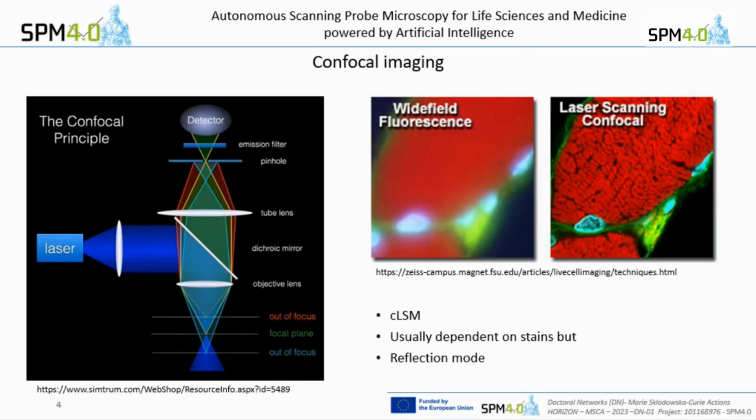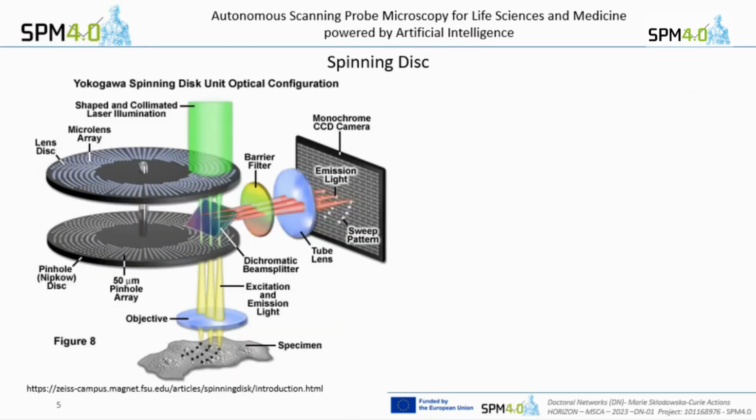And another prominent mode that follows a similar principle is called spinning disk microscopy. It's the same principle that I have here, this pinhole device, but now I have it fixed, so basically fixed size and on a rotating disk. With that, I have the possibility to illuminate multiple small dots of a sample at once.